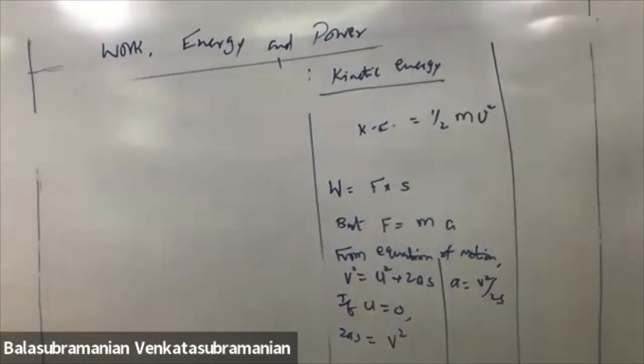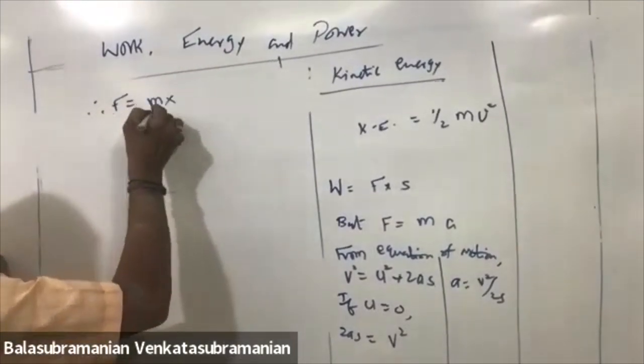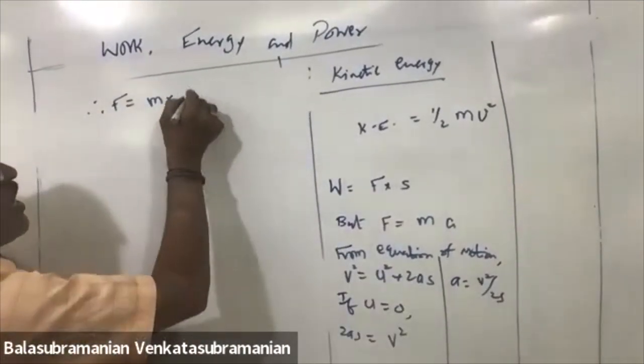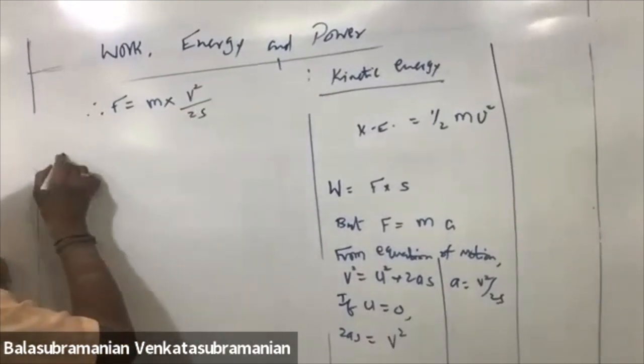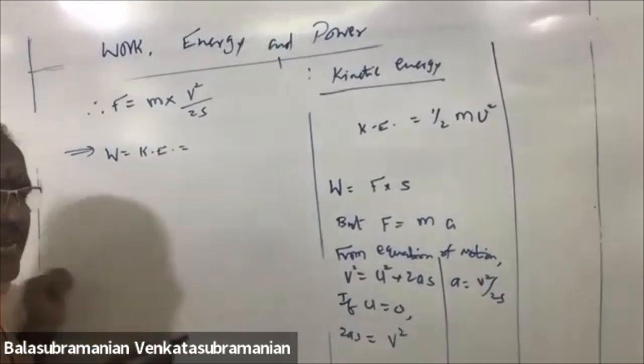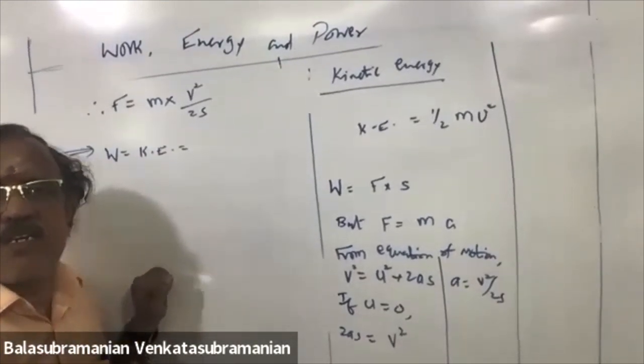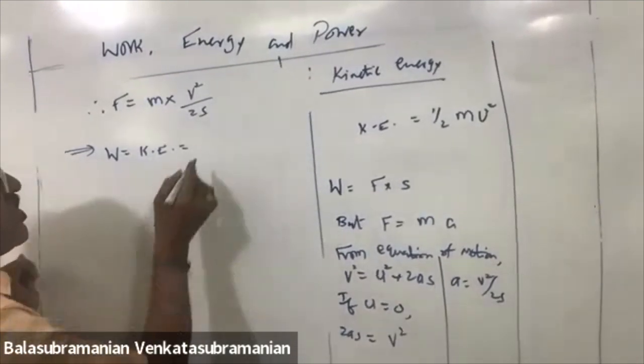Then I can write F is equal to mass into, instead of a, V square by 2s. Therefore, work done is nothing but energy possessed by the body by virtue of its motion. So that is kinetic energy.